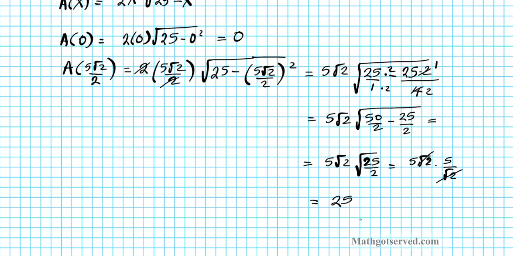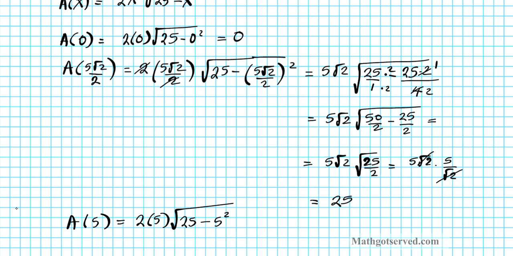All right? Okay, so let's go ahead and find the area of the upper bound, which is 5. So A of 5 is going to be 2 times 5 times the square root of 25 minus 5 squared.